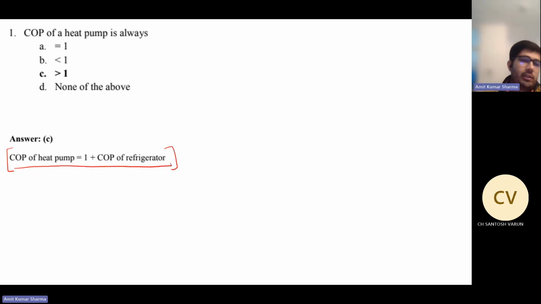For given conditions, if the same system works as a refrigerator and as a heat pump, COP of heat pump will always be 1 plus COP of refrigerator. If you have the COP of heat pump, you can also find the COP of refrigerator with the same conditions.